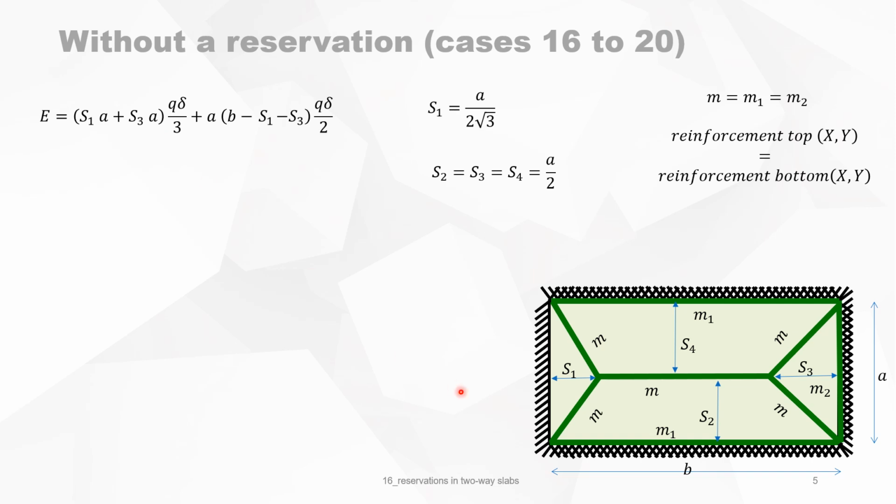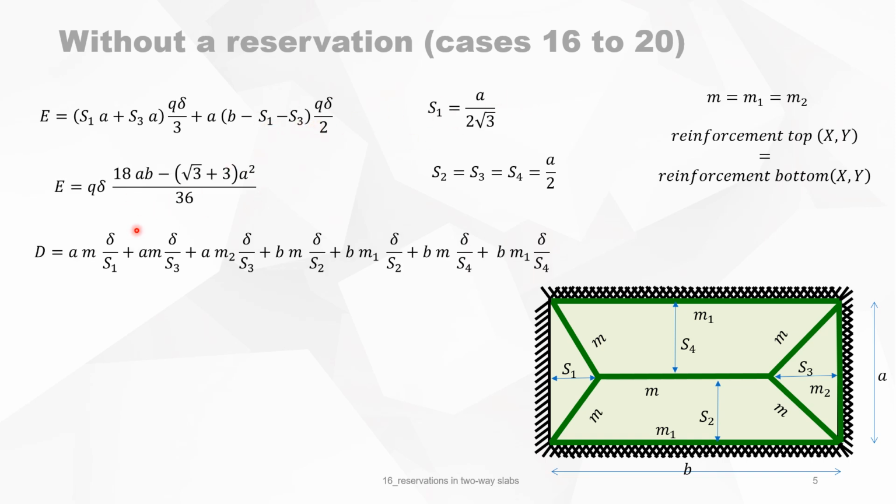For the triangles, we have S1 times a, then we have 4 triangles here, and S3 times a, and the mean deflection of a triangle is delta over 3. What's left is this portion, which is b minus S1 minus S2 times a, and the mean deflection delta over 2. So we fill in the known parameters, and we have this equation.